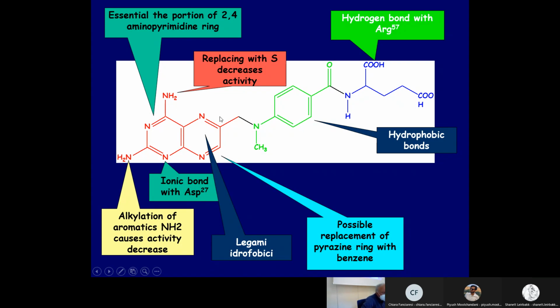You see it is important, the pteridinic group. If we replace the amino group with a sulfur, we have a decrease in activity, because sulfur is not so basic as the amino group.